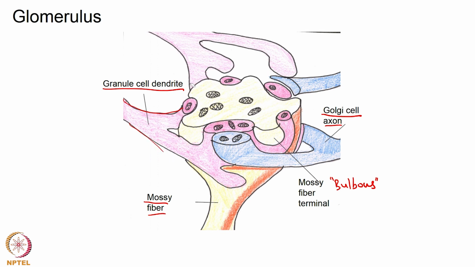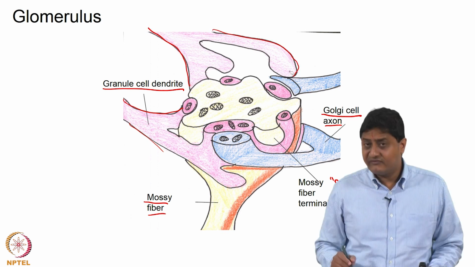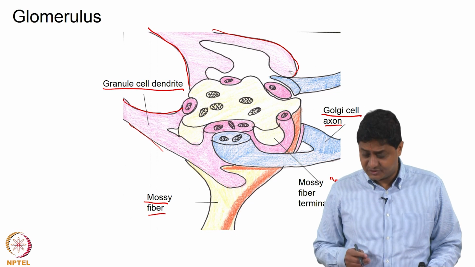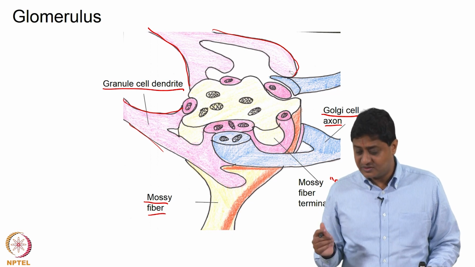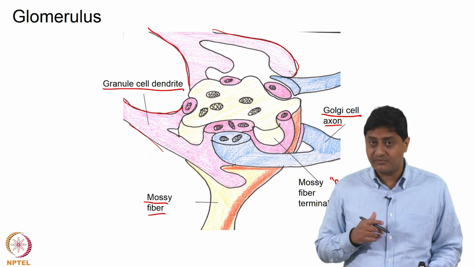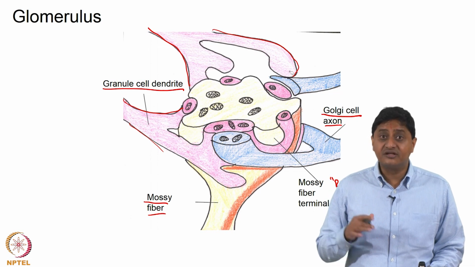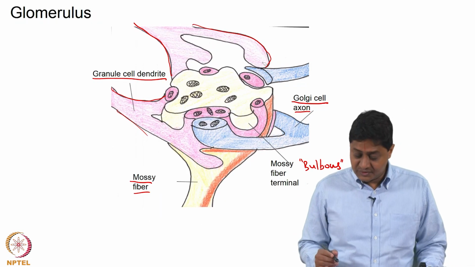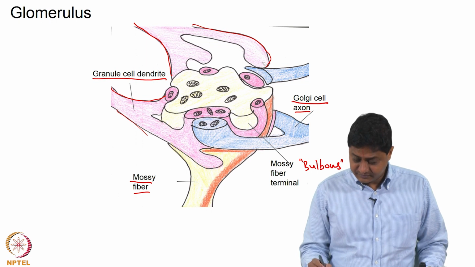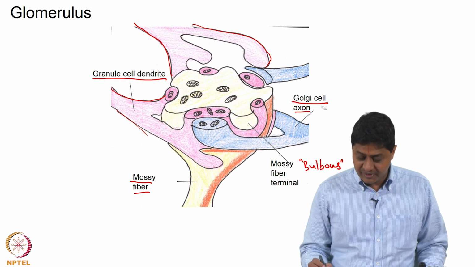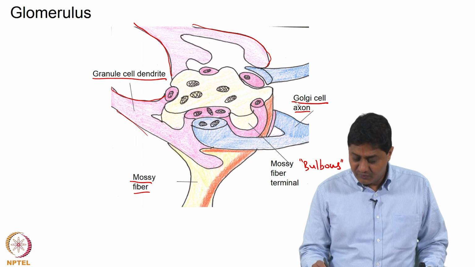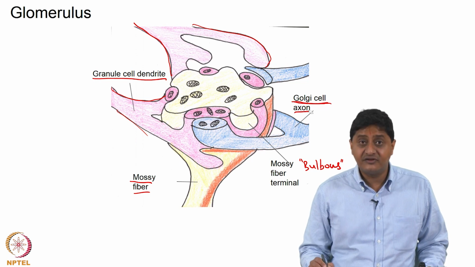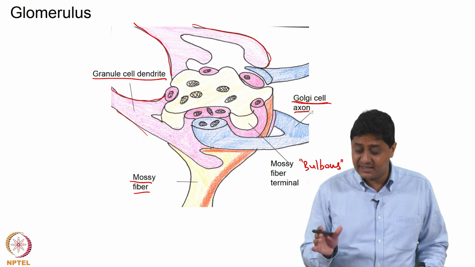So, these are the various dendrites from multiple granule cells, right. For simplicity, only 2 or 3 granule cells are shown. Actually, we said that the number of granule cells contacted by each mossy fiber can be of the order of several thousand, right. The mossy fiber also connects with the axon of the Golgi cells, thus exciting the Golgi cells.